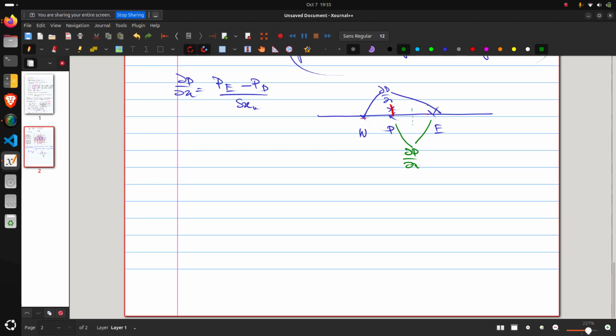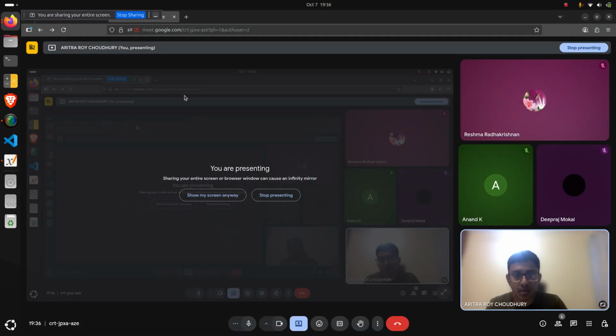There are no other values in between them which can affect the physicality of the problem. So just by modifying where and which variable to store, we have eliminated the checkerboarding problem that was happening before. Okay, any question till now? Everyone understood?